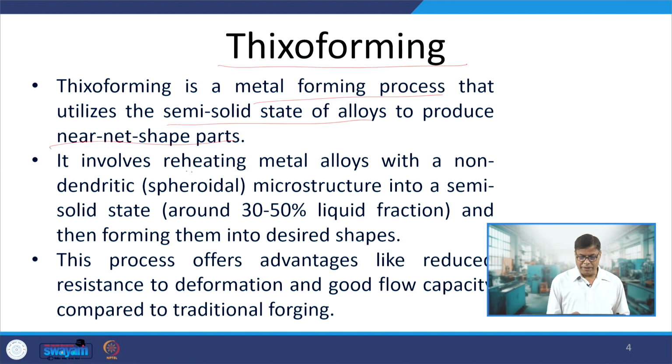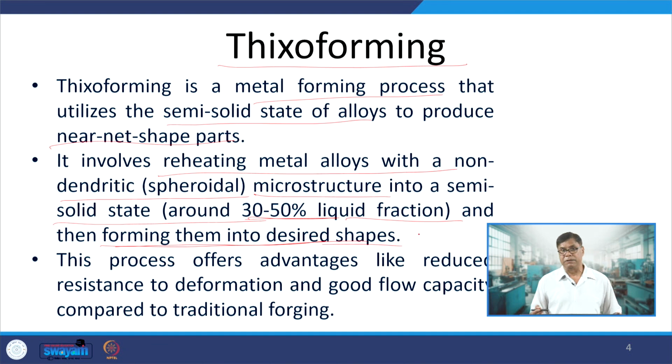So, thixoforming involves reheating metal alloys with non-dendritic microstructures into the semi-solid state with say 30 to 40% of the liquid, and then it is formed into the final shape, which can be in open or closed die, in order to realize the desired shape.